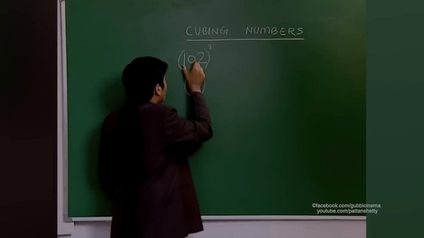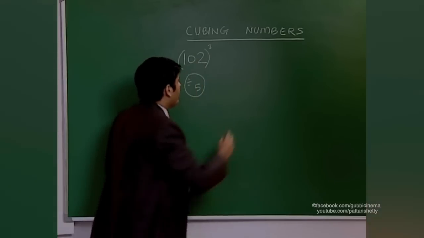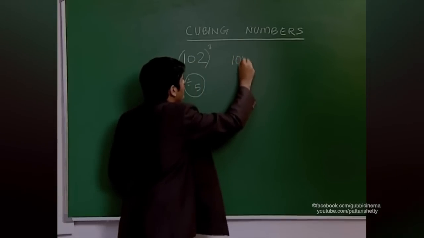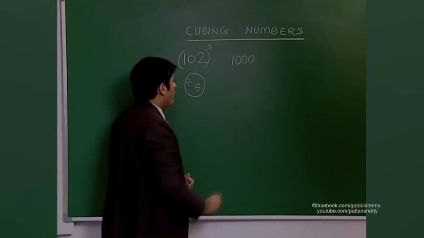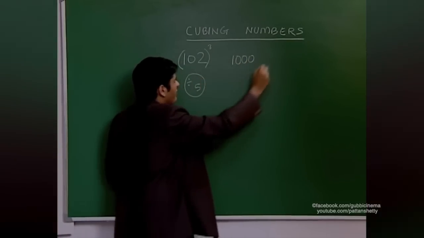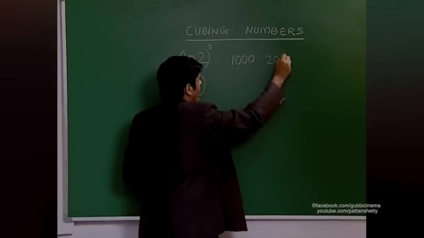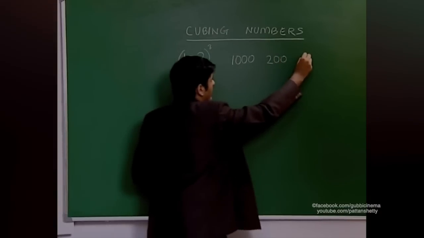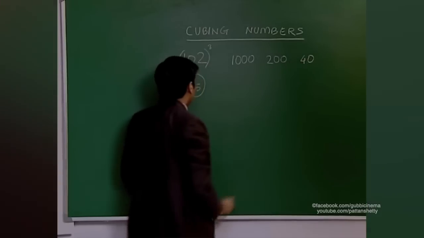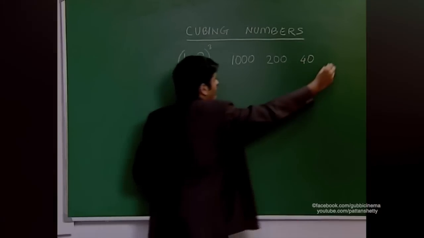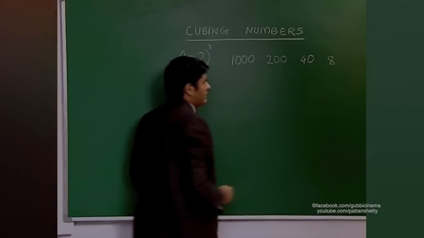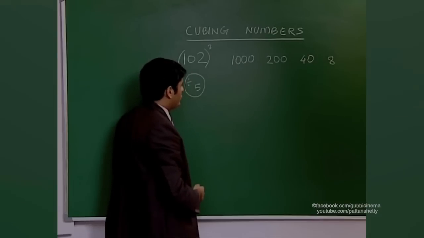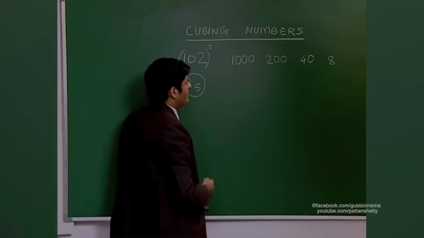First, take the cube of this part. The cube of 10 is 1000. 1000 divided by 5 will give me 200. 200, if I divide by 5, I get 40. 40 divided by 5 gives me 8. Next, I do the doubling of the middle digits.